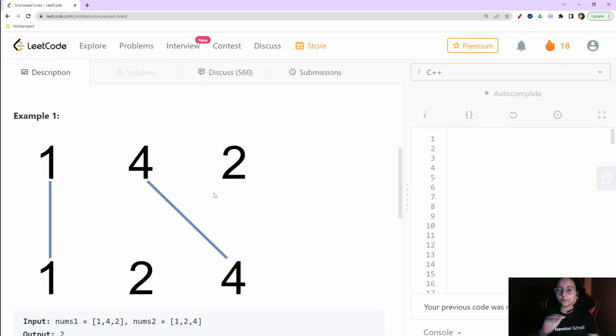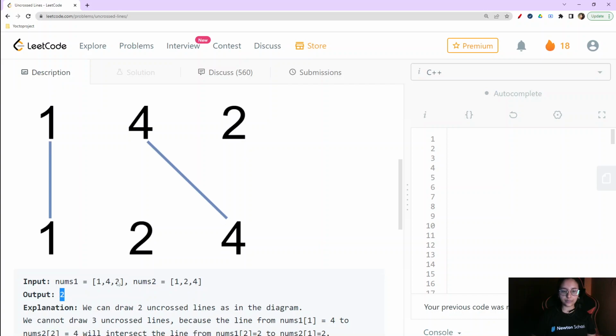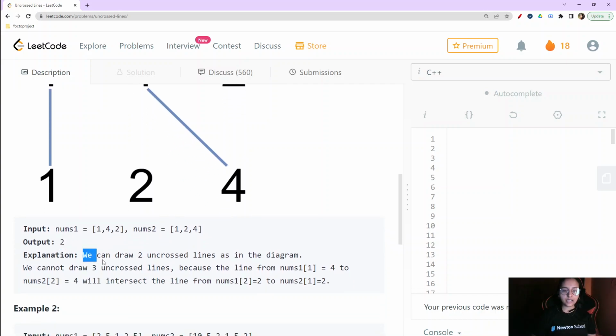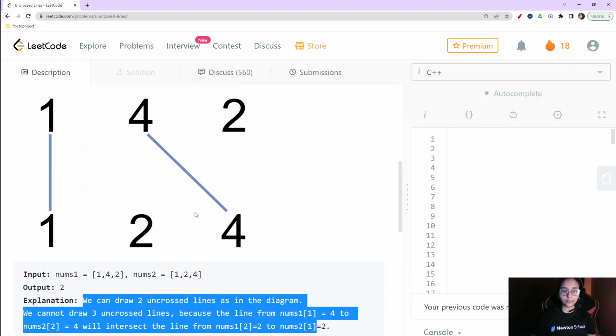So we need to figure out how many lines we can draw without intersecting any other connecting lines, and that's the reason the answer is 2. We can draw 2 uncrossed lines as in the diagram. We cannot draw 3 uncrossed lines because the line from this particular 2, 2 would intersect this particular line.